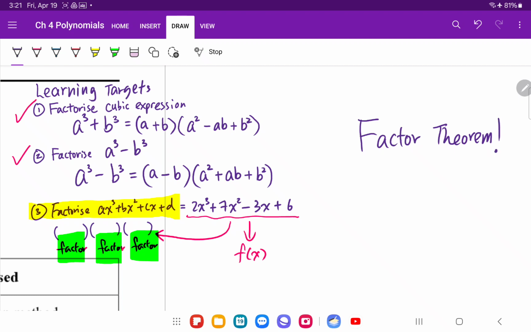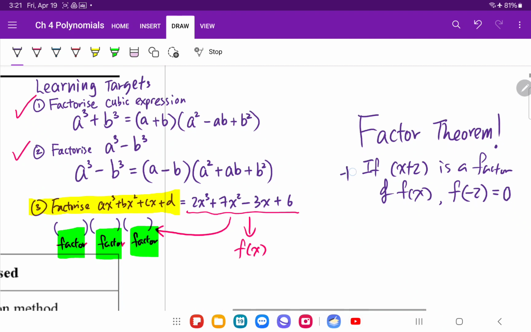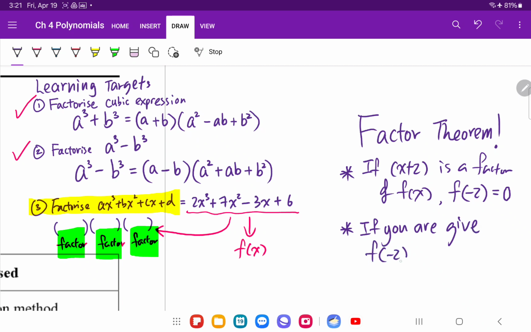Now factor theorem says if x plus 2 is a factor of f(x), then we must be able to say that f substitute negative 2 must be equal to 0. This is a fact. If we work backwards, if you are given f substitute negative 2 is 0, and you really got a 0, then you must know that x plus 2 is a factor.